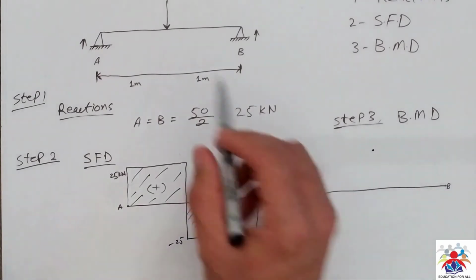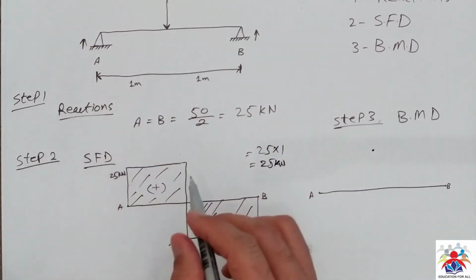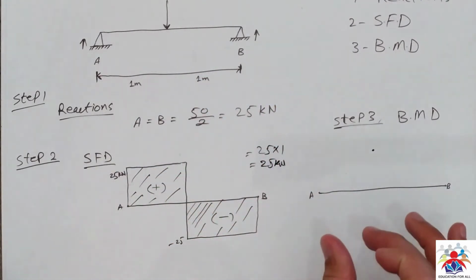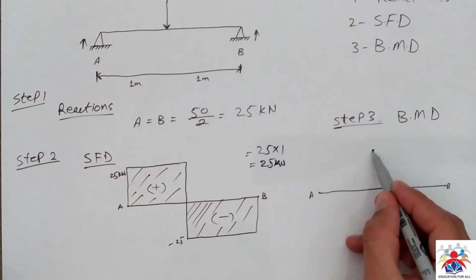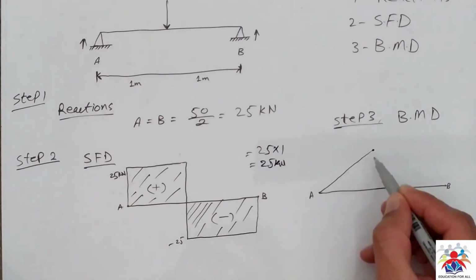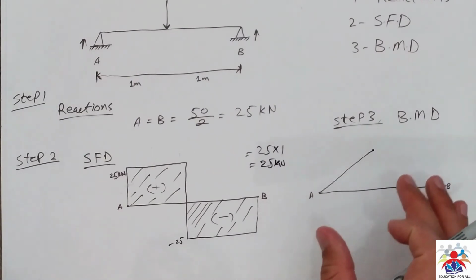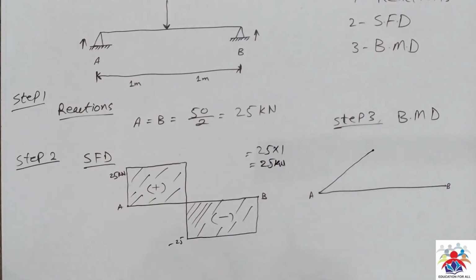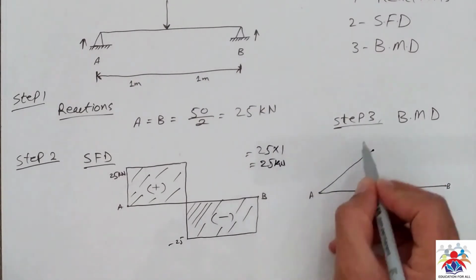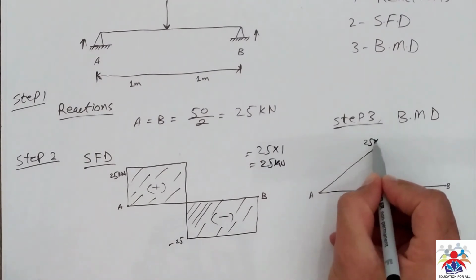Why is it in the middle? Because our load is acting in the middle, so that's why our bending moment is maximum at this point. So it will go straight down to 0. As I have explained in my previous video, when you draw a bending moment diagram with a point load, your lines will be diagonals. So here we have 25.